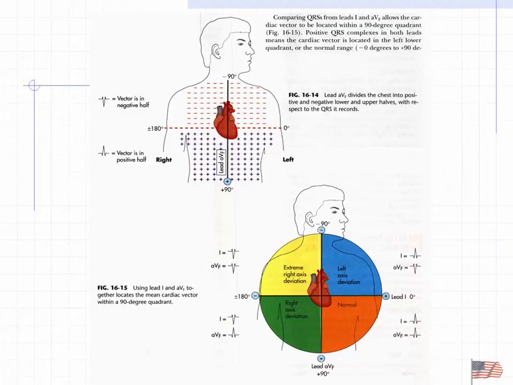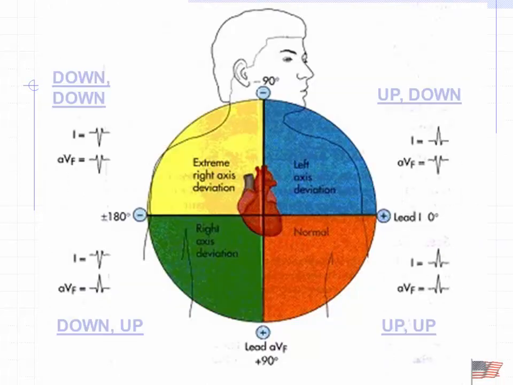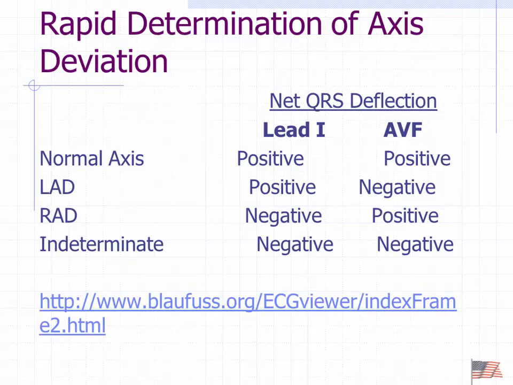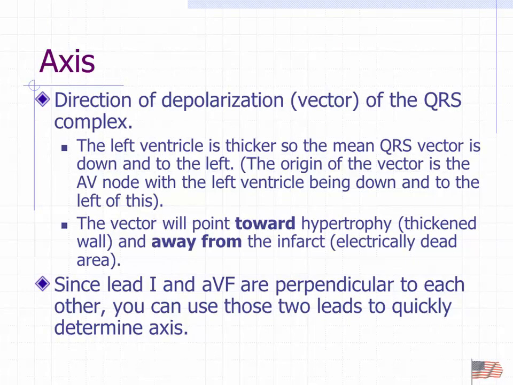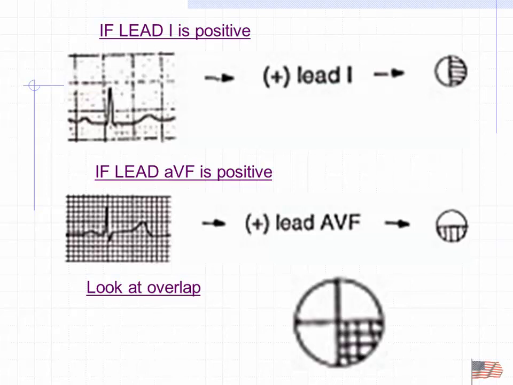Here's just another color picture of it, so you can get an idea of what direction we're going, and they have the little ones there also, blown up for you. Again, pointing toward hypertrophy, away from infarcted areas, and since they're perpendicular, we can use these two.